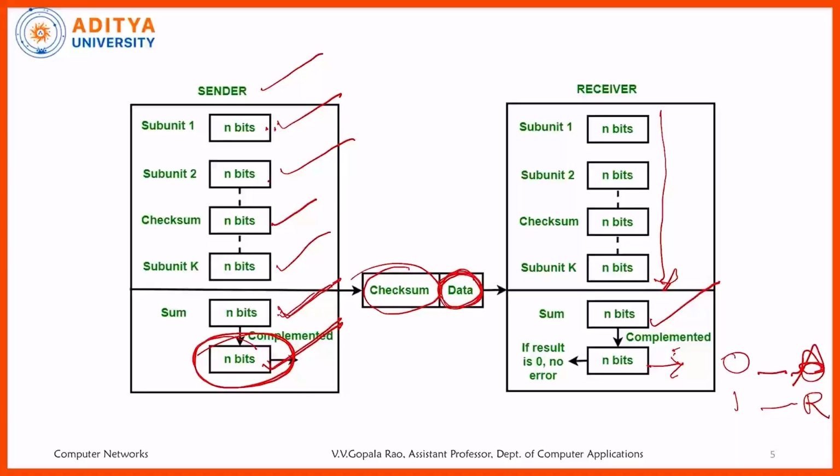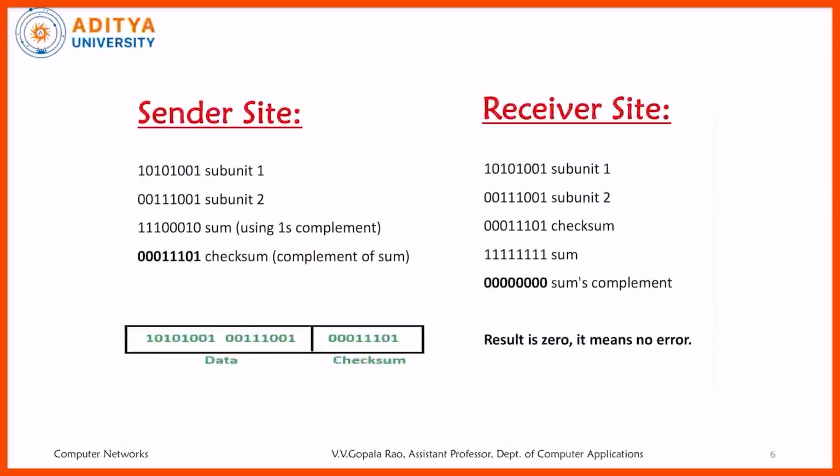So, the last n number of bits is going to tell you whether an error has occurred or not. That is the way you can say that this particular process is going to help you in the detection of the error. So, let us take a small example here.